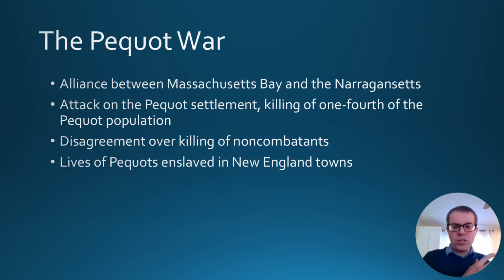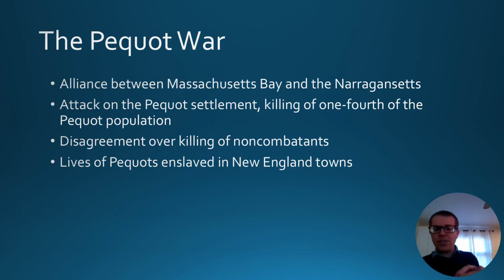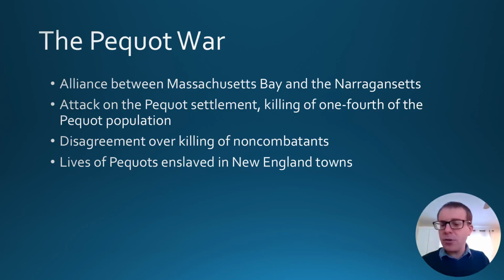And they make an alliance with a local powerful political unit called the Narragansetts, who live around modern day Rhode Island. And the Massachusetts Bay and the Narragansetts together attack a local group called the Pequots, living in modern day Connecticut. And the Narragansetts and Massachusetts Bay have significant disagreements over their objectives in this war.